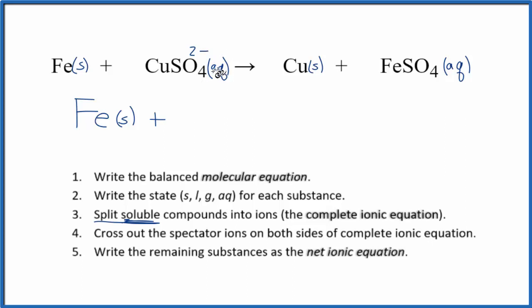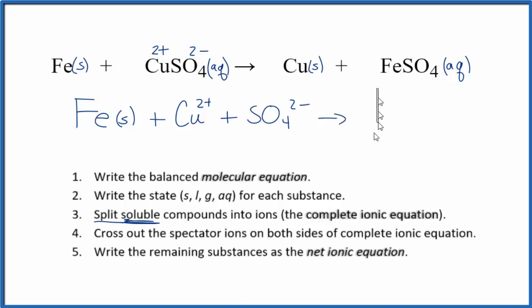So that's something, the sulfate, you probably should memorize. Some teachers allow you to use a table of ions and look it up. But if this is 2-, this has to be 2+. So we'll have copper 2+, that's the copper 2 ion, plus the sulfate ion, SO4 2-. And these will be aqueous. I'll write that at the end. I won't write that right now.